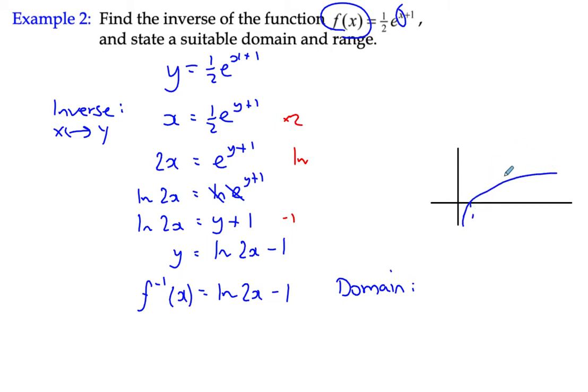It's not very good. We effectively can't get negative values for x. It gets closer and closer to 0. It can't be 0, and it can't be less than 0. So for a natural log function, our normal domain will be x is greater than or equal to 0. So that's a good fact to keep in your head.